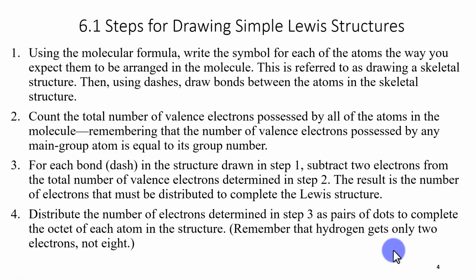We can have single bonds, which are represented by 2 electrons. We can have double bonds, which are represented by 4 electrons, or 2 dashes between the central atom and another atom. Or we can even have triple bonds, which are 6 electrons that are being shared. We will get to that in the examples that we're going to talk about.